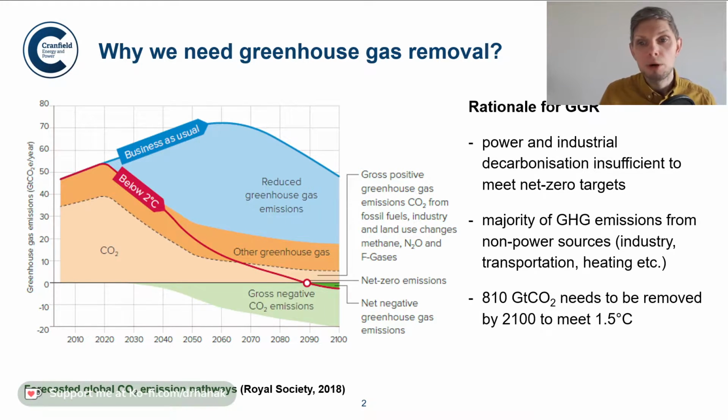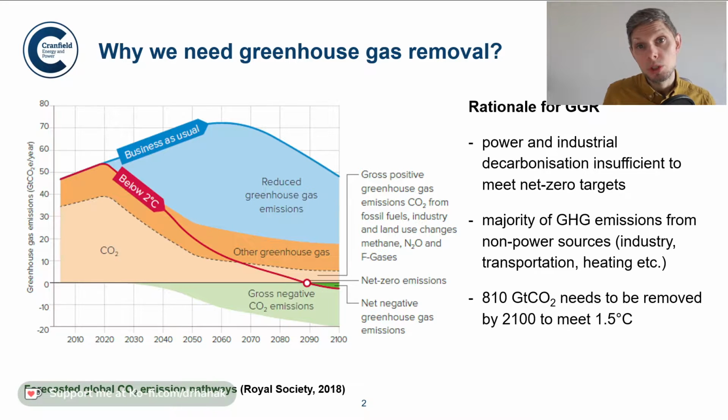Of course, with power and industrial decarbonization, we would reduce our emissions as much as possible. We can do that with fuel switching, with carbon capture and storage, with renewables, within industry at scale. But there are some small and niche industries where it will be extremely difficult to decarbonize because CO2 might be a part of the process.